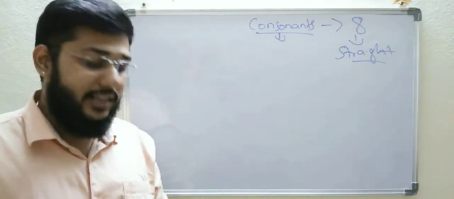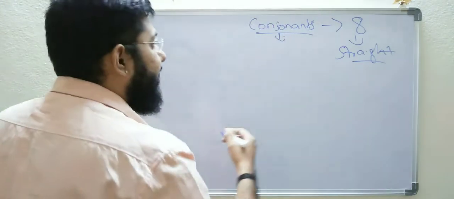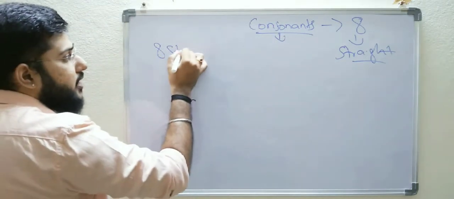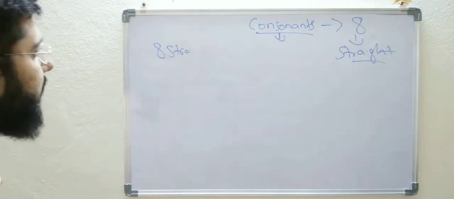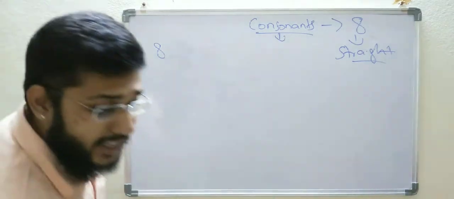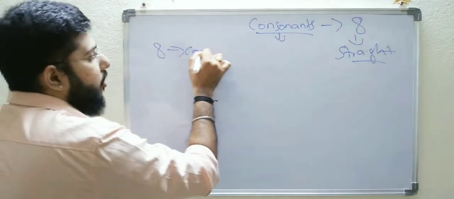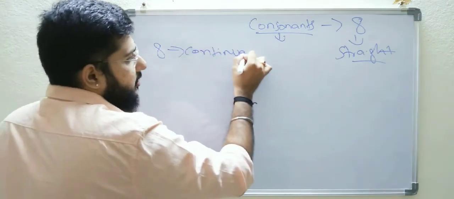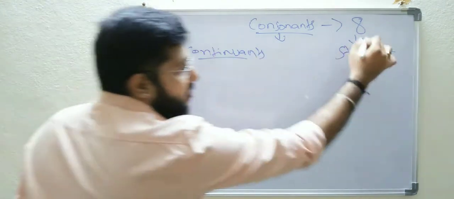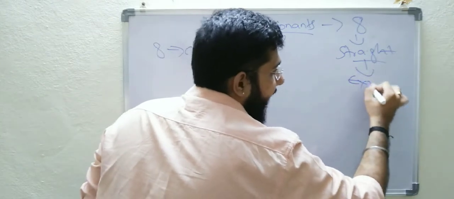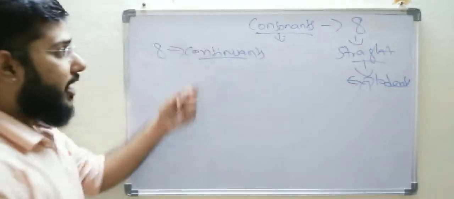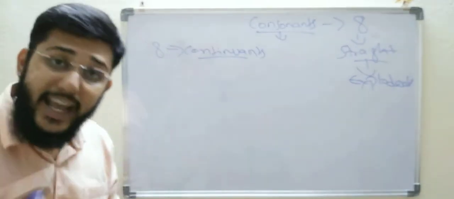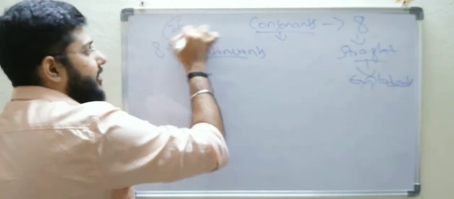So today let us learn about the next 8 strokes. The first 8 strokes we have done, now let us see the next 8 strokes, called continuants. The first 8 strokes we learned are nothing but explodents, and today we are going to discuss the next 8 out of 26 strokes.